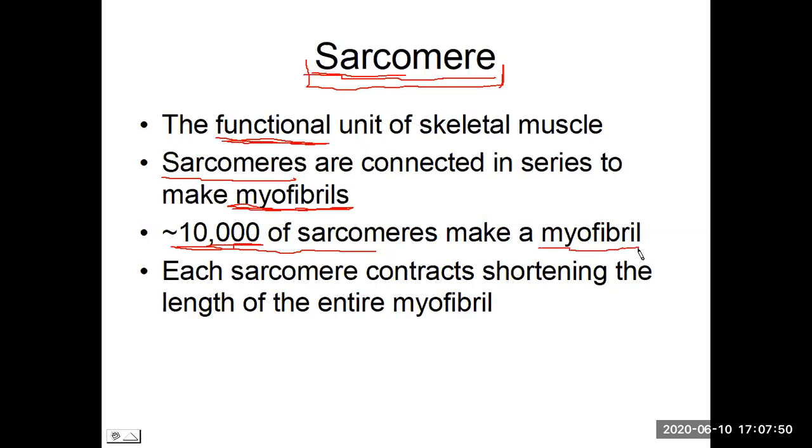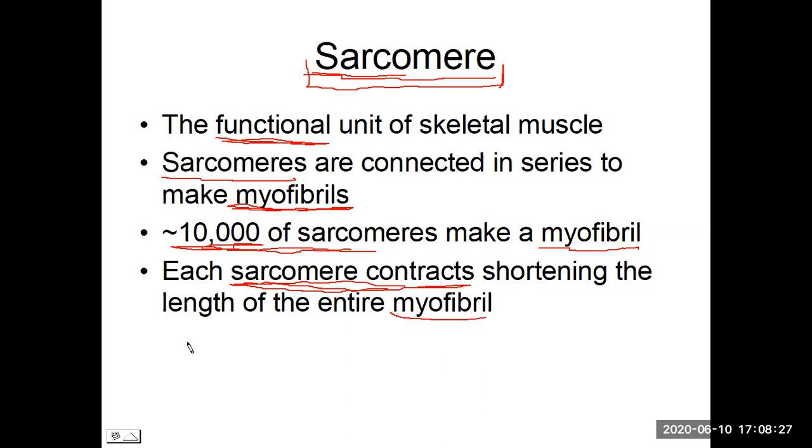So at this point, we're describing something that is extremely tiny, these sarcomere structures. But you can see the concept. Each of these sarcomeres has the ability to contract, and their contraction only shortens by a few tenths of a micrometer, but with each sarcomere contracting over the length of multiple thousand sarcomeres, that'll make the entire myofibril shorter.